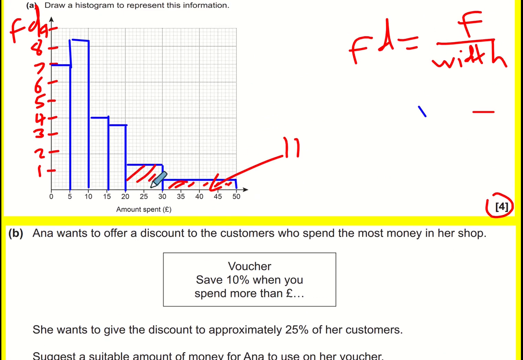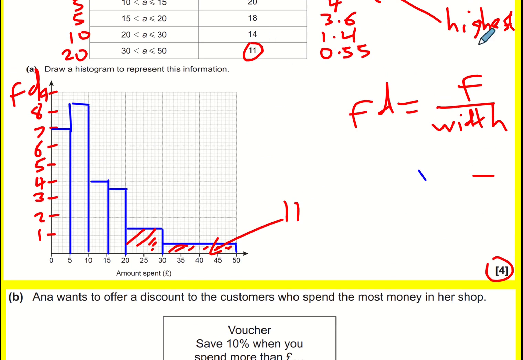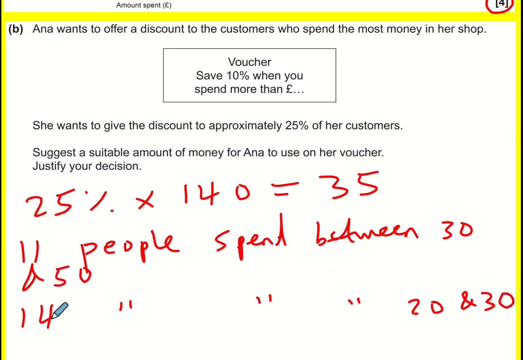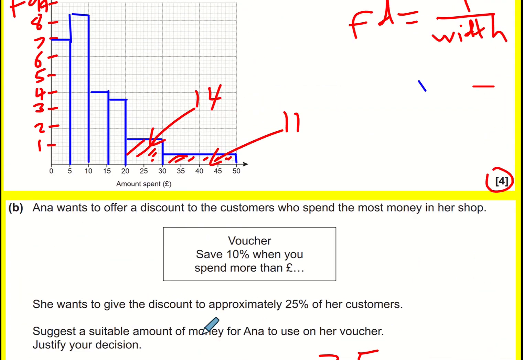Then how many are spending between 20 and 30? I've got that information. I've got 14 people. Keep going. 14, 20 and 30. Okay, I've just abbreviated a little bit, but that's okay. That's 25 people. I just need another 10 people.